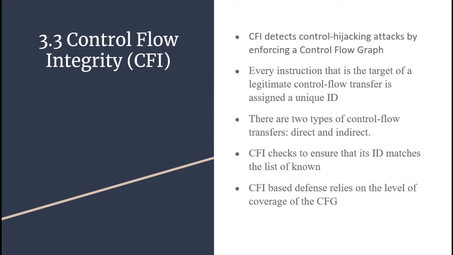However, perfectly constructing and maintaining the CFG ahead of time requires the source code of the program. It's hard and inaccurate and incurs very high performance costs. This practical concern demands that we use a weaker version of CFI, which results in weaker security.